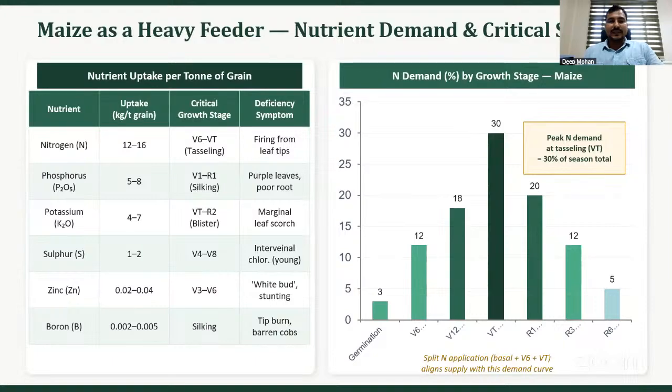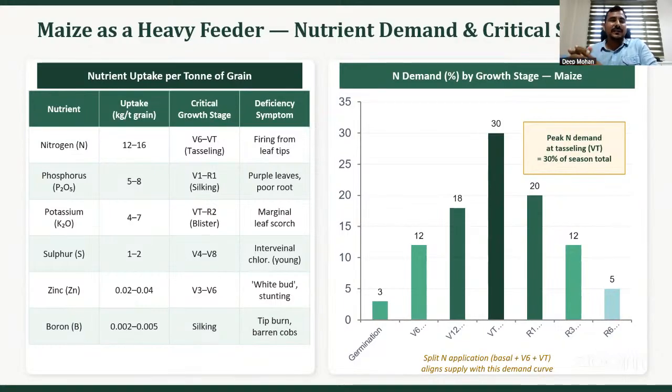Before we talk about the management, or how we go for INM or nitrogen management, first we should understand what maize actually needs.